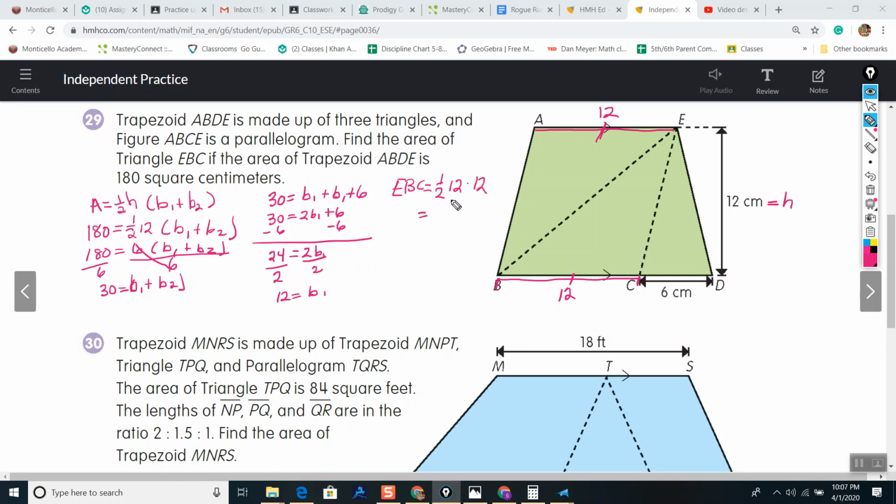So is equal to 1/2 of 12 is 6. So EBC is equal to 72 centimeters squared. And that's your answer right there. Okay, let's look at the next problem.